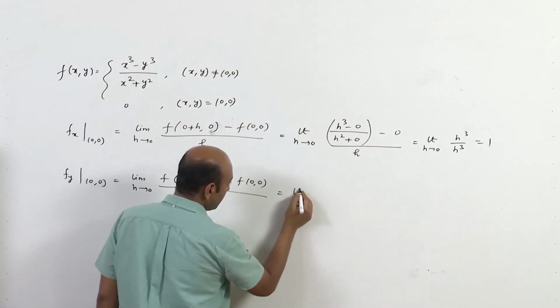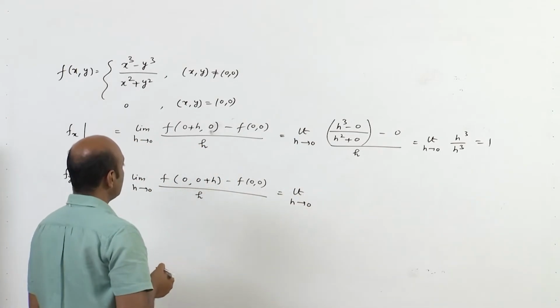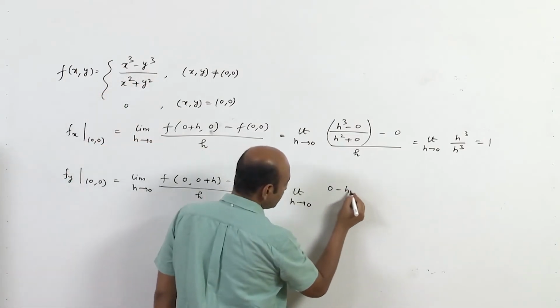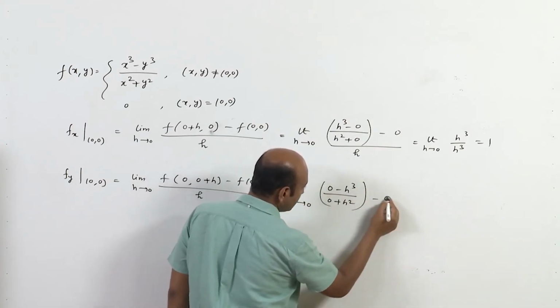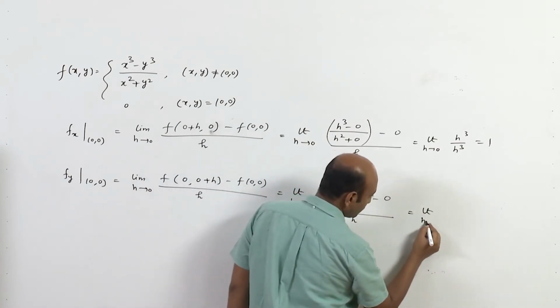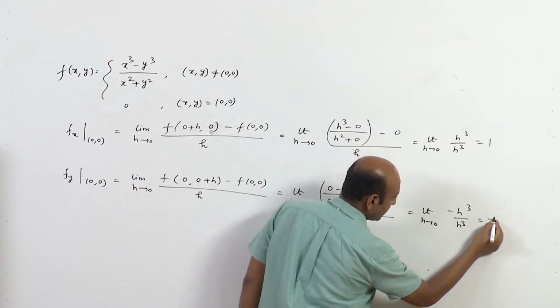This is limit h tending to 0 of f(0, h). Now, you replace x by 0 and y by h, it is 0 minus h cube upon 0 plus h square, minus 0, upon h. So, this will be limit h tending to 0 of minus h cube upon h cube, which is minus 1.